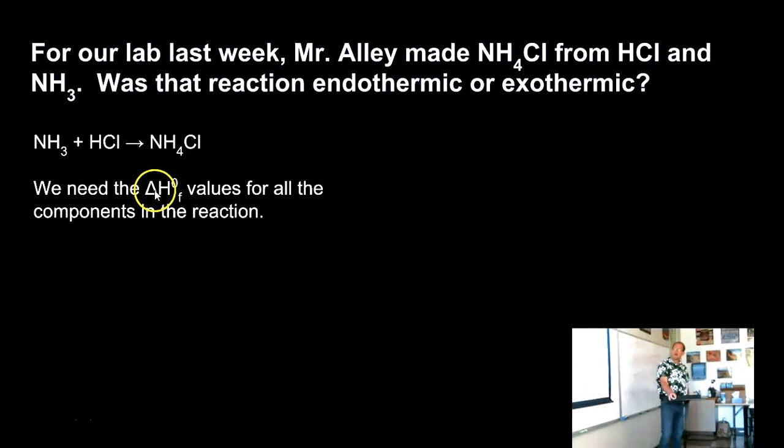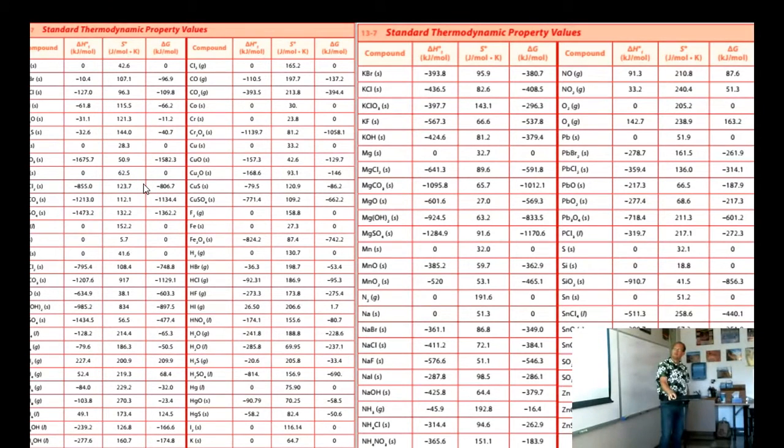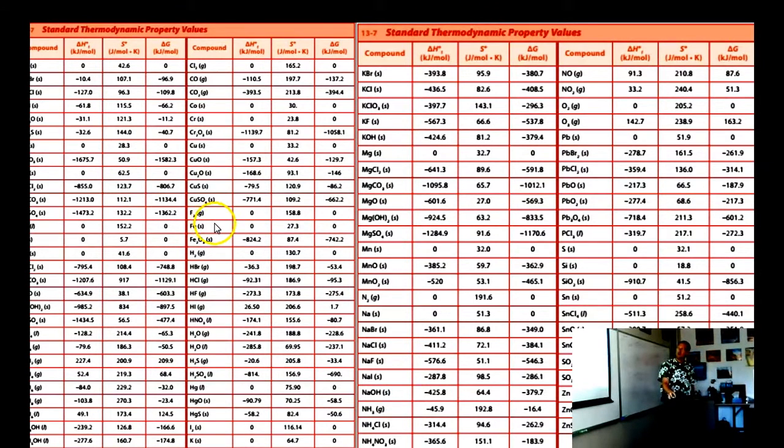And so I need the enthalpy of formation values for all those things, and you can look them up in a table. Here's a table. This is actually the table that's in your book, and you will get to become friends with it.